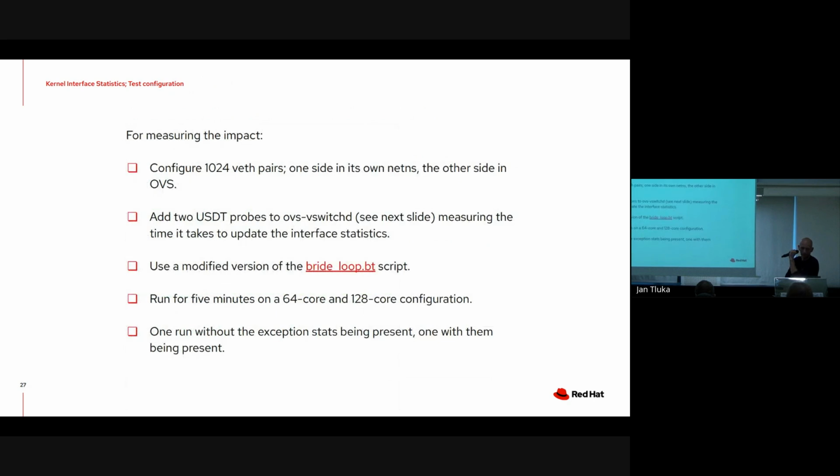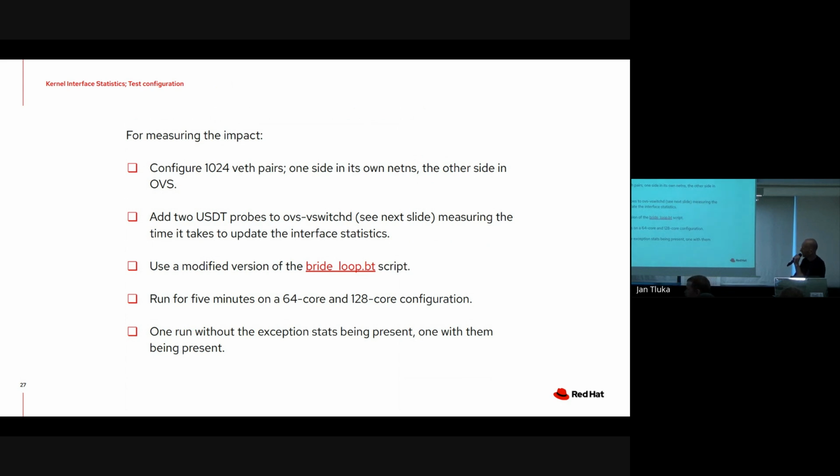So how did I test this? I tried to do it very simple. I created 1024 veth pairs. One side is in its own network namespace, the other side is attached to OVS. Added 2 additional USDT probes to measure how long it takes to gather the statistics. I modified the bridge loop PT example script by just changing the 2 new probes.